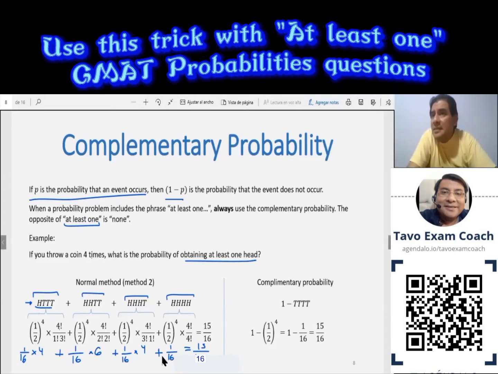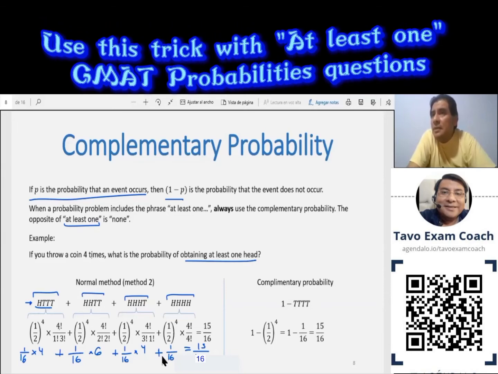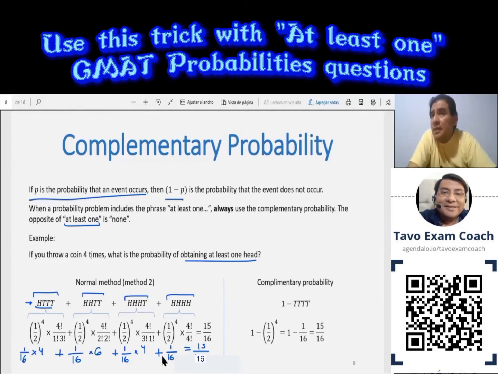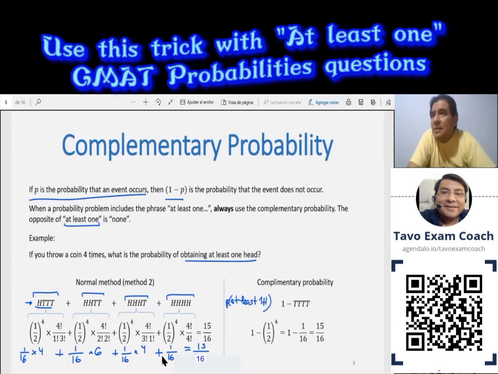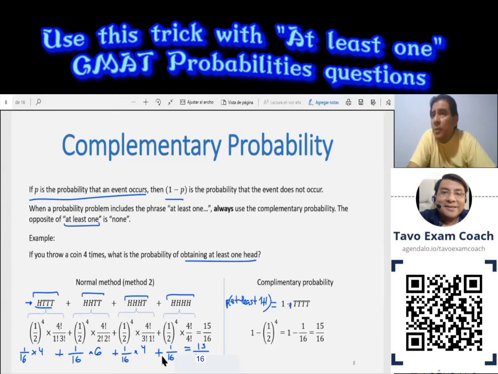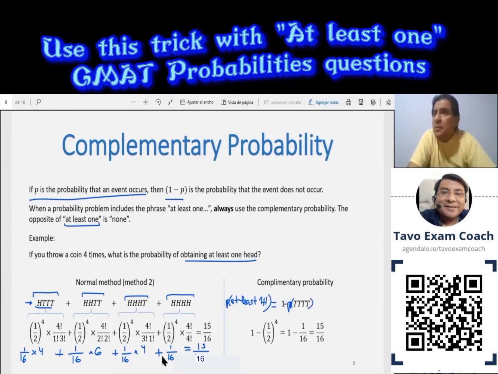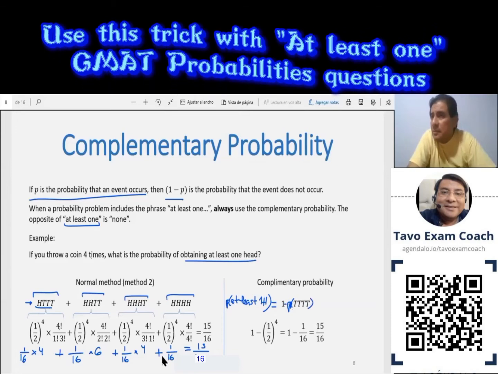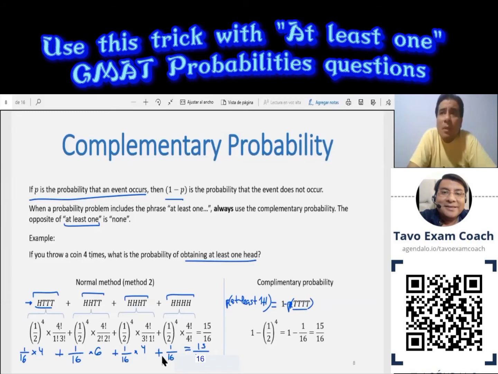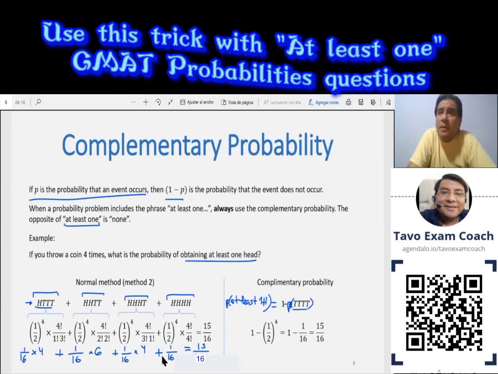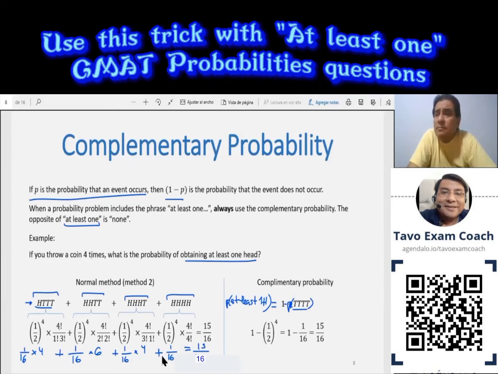You can see that this is what we are doing here. We are calculating the probability of getting at least one head as 1 minus the probability of getting no heads. That means all tails. But calculating this probability is really quick, really fast. That is 1/2 multiplied by itself 4 times, that is 1/16.